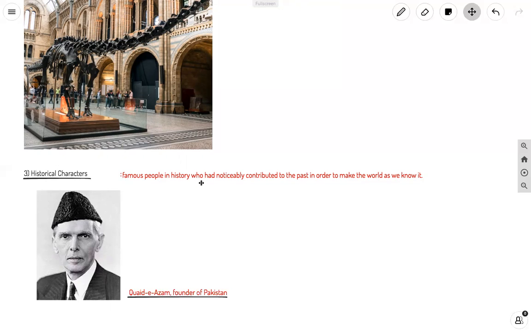So considering this example, we can say that if Quaid-e-Azam and the people involved in the Muslim League and the creation of Pakistan did not do what they did, then we probably might not even have had Pakistan.